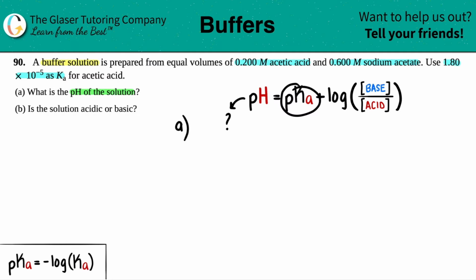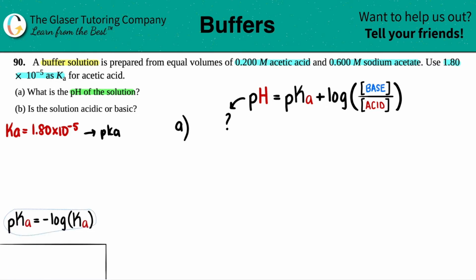They did tell us that we were going to use 1.80 times 10 to the negative fifth as the Ka. So if we have a Ka value of 1.80 times 10 to the negative fifth, how am I going to get to the pKa? Well, that's this formula right here. pKa equals the negative log of the Ka.